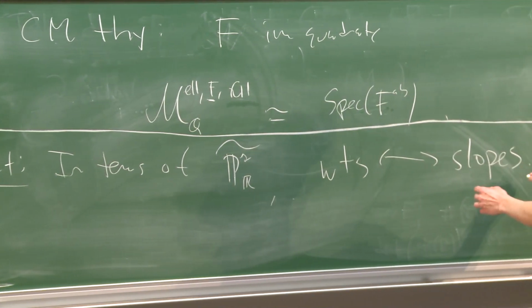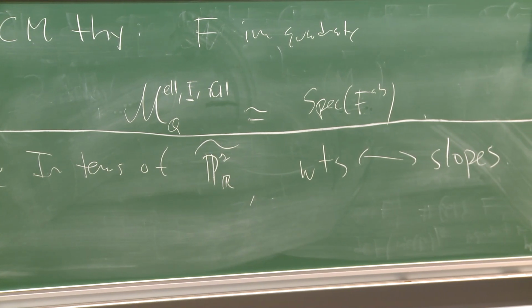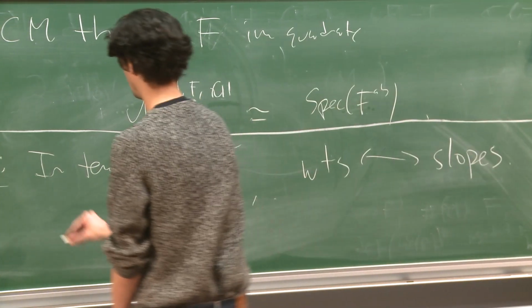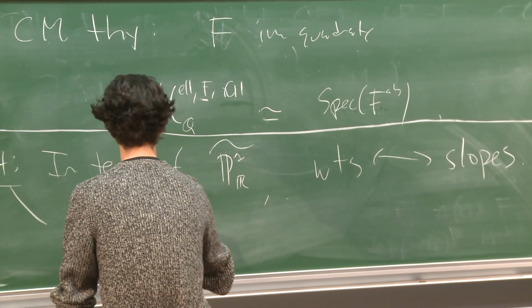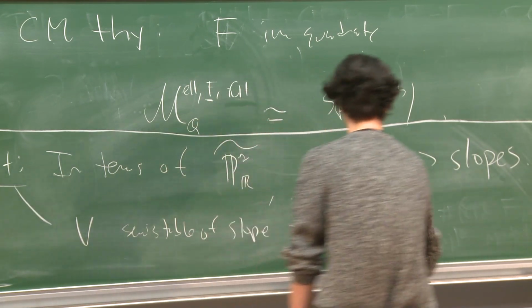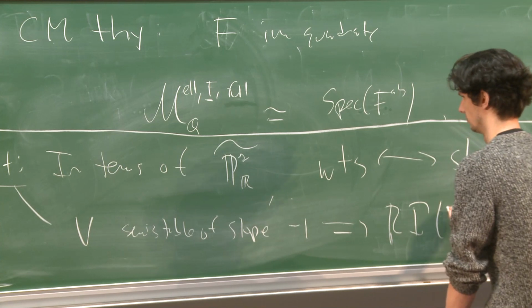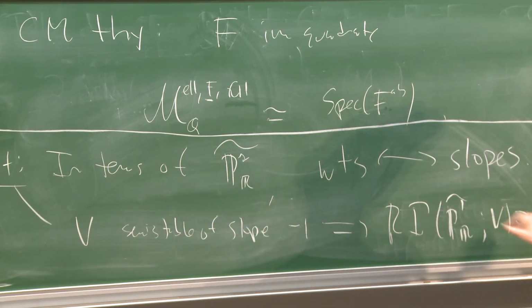Is that what they're called? Yes, slopes of vector bundles on P1. And the basic fact is that if V is semi-stable of slope minus 1, then the total cohomology of V is equal to 0.